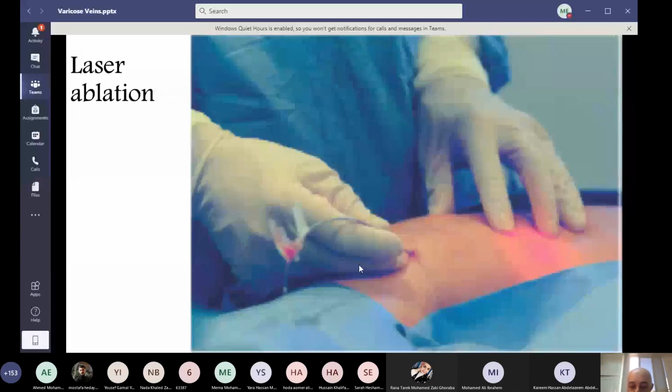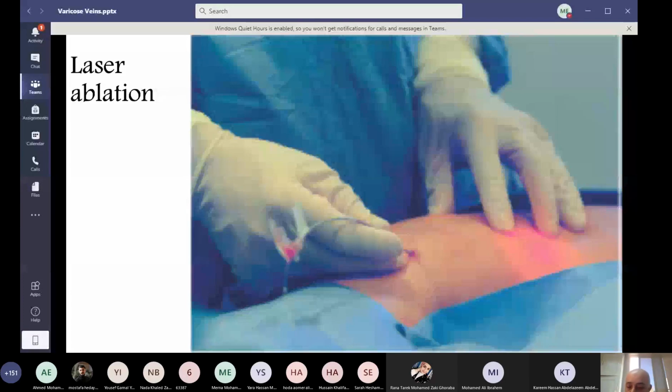Here is the ablation. You can perform an ablation of the great saphenous vein. As I have said before, you can use radiofrequency ablation, laser ablation, or mechanical ablation. The example I am presenting to you is the laser.